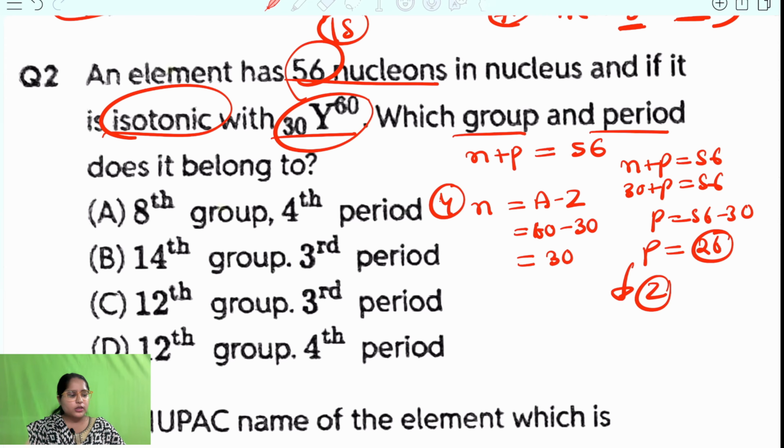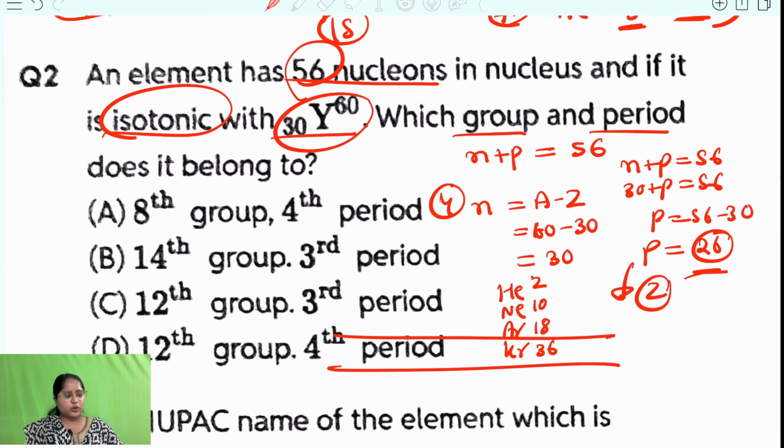Now we will use our concept of helium, neon, argon, krypton, xenon. So helium, neon, argon, krypton. Let us wait here because it is only 26. So here we will get 2, 10, 18, 36. So 26 will come after 18, somewhere in the krypton period.